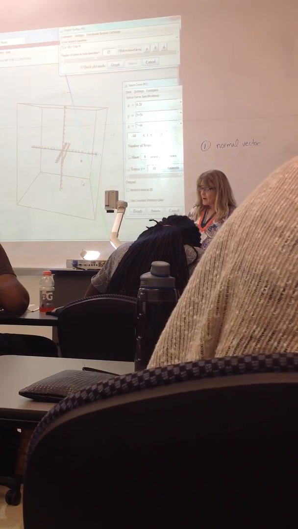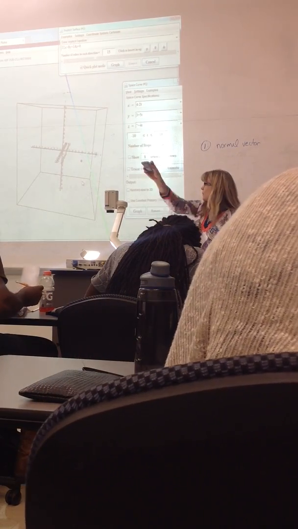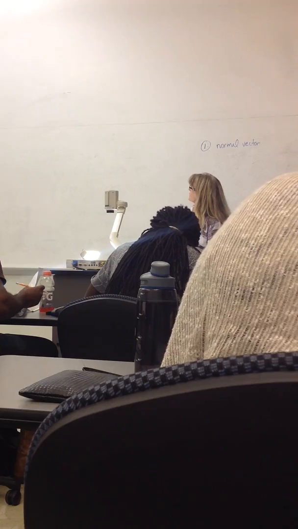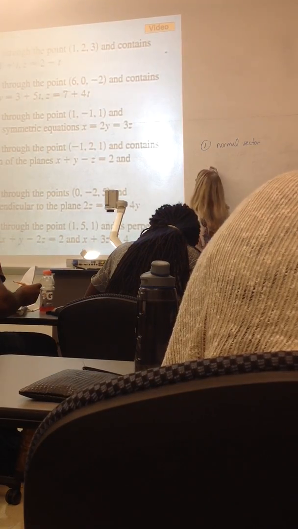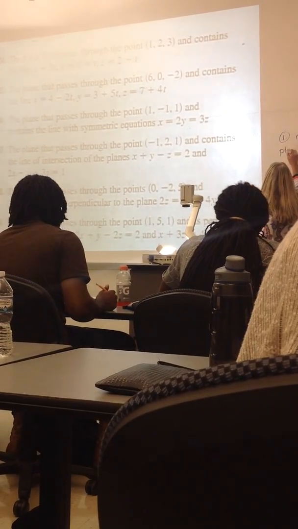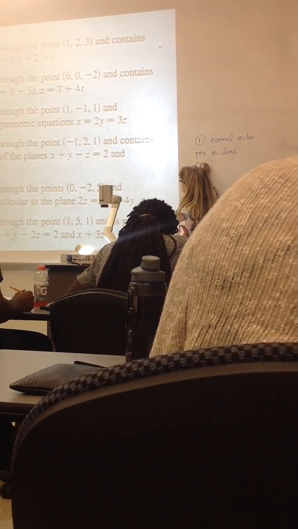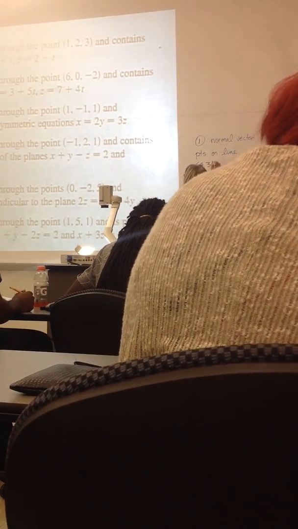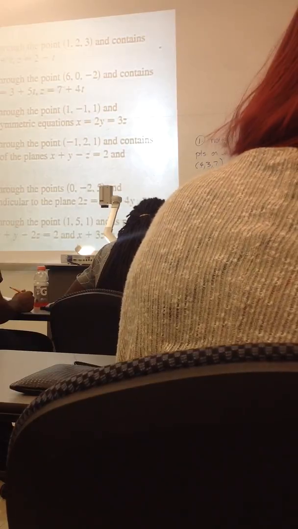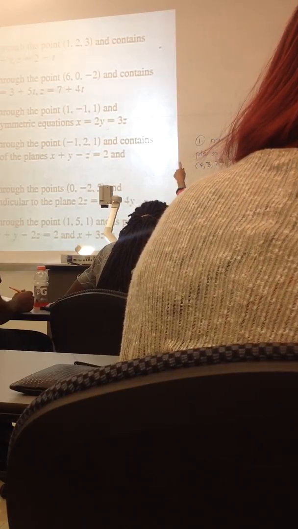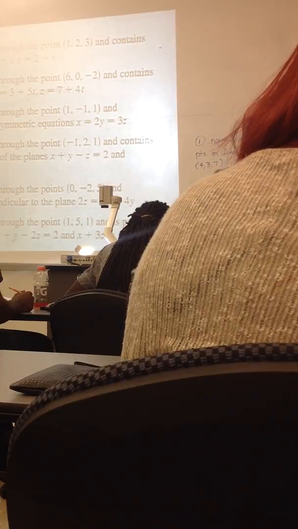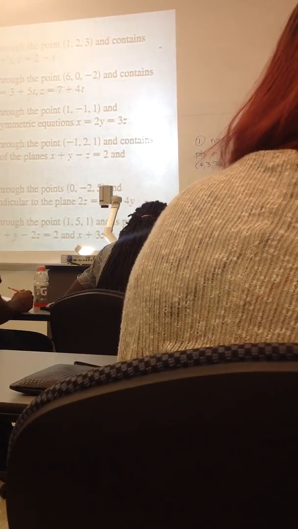Let me click back to the problem. So, some points that are on the line. Well, first of all, we know 4, 3, 7 is on the line, because that's kind of the starting point, and then we get other points by using various values of t.